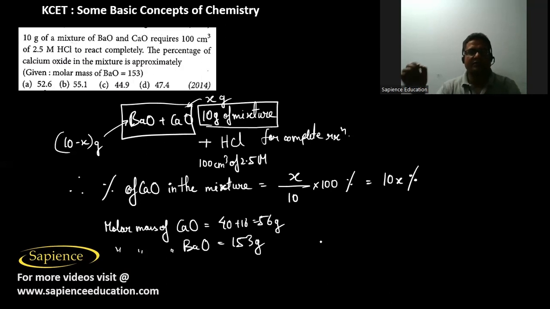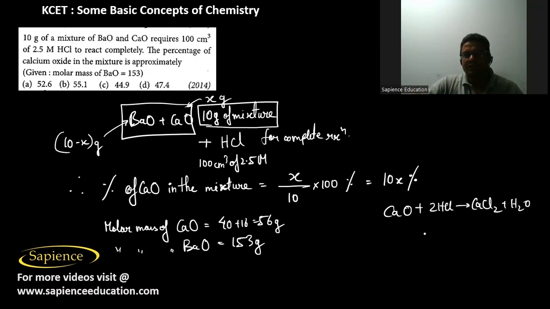Now here we can use the law of equivalence: 1 mole of calcium oxide will react with 2 moles of HCl to form calcium chloride and H2O, and 1 mole of barium oxide will also react with 2 moles of HCl to form BaCl2 plus H2O.